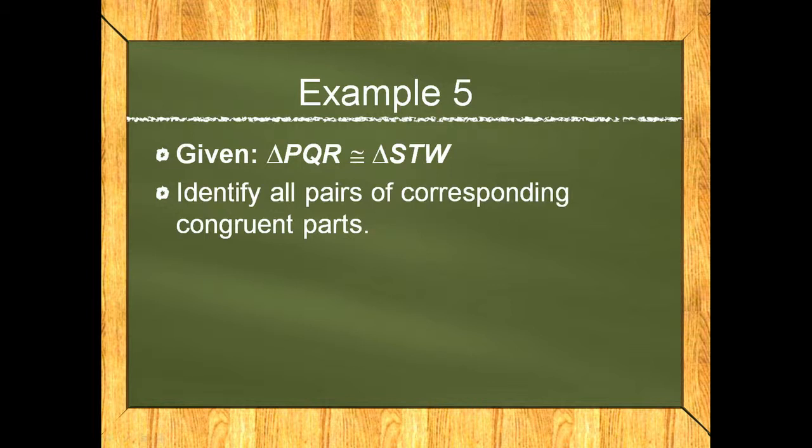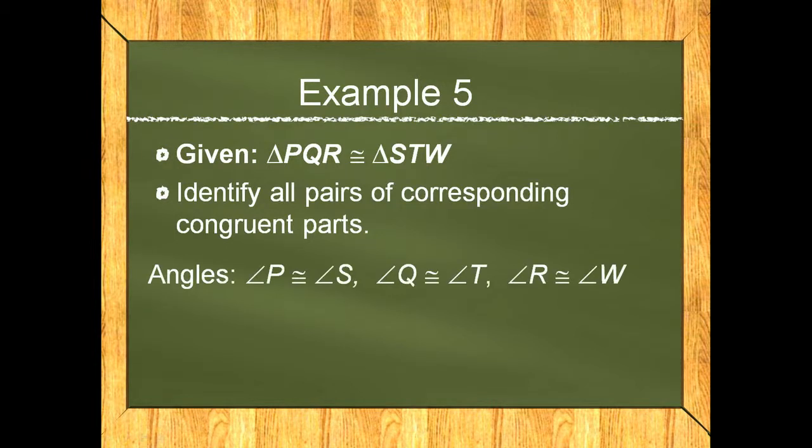For example, given that triangle PQR is congruent to triangle STW, identify all pairs of corresponding congruent parts. The angles: angle P is congruent to angle S. They are listed first, so they are the ones that correspond.